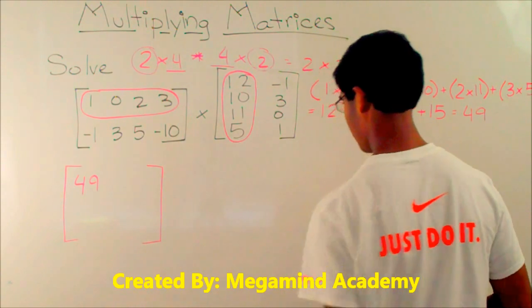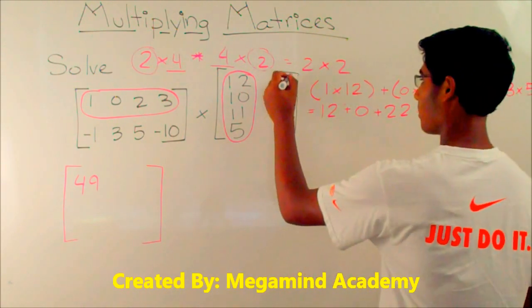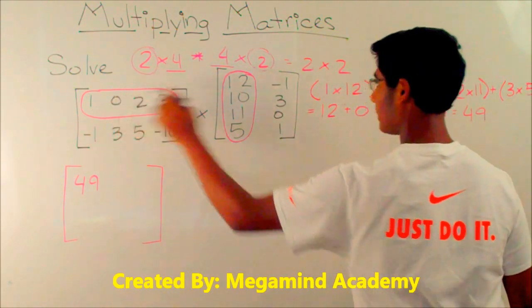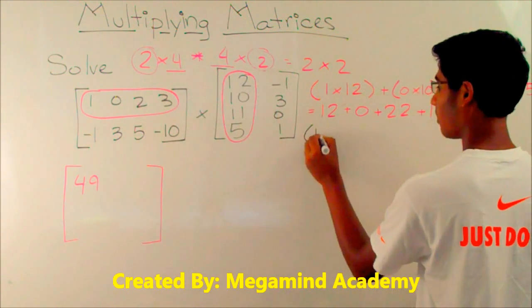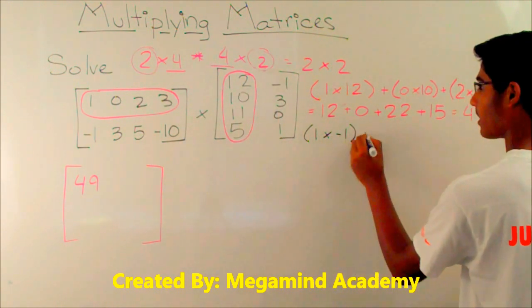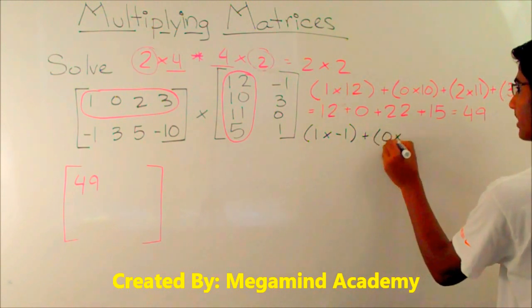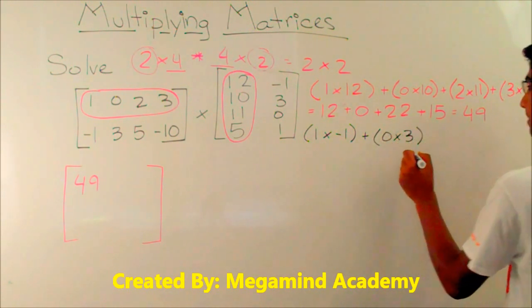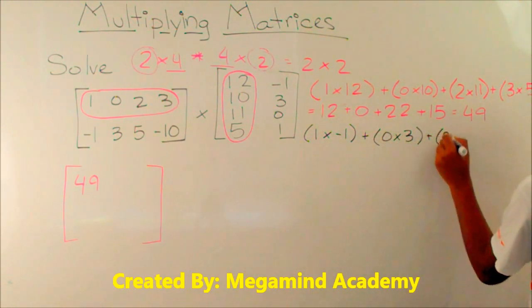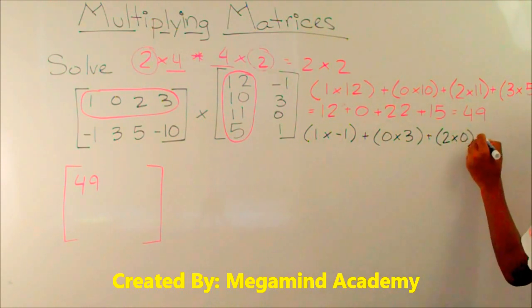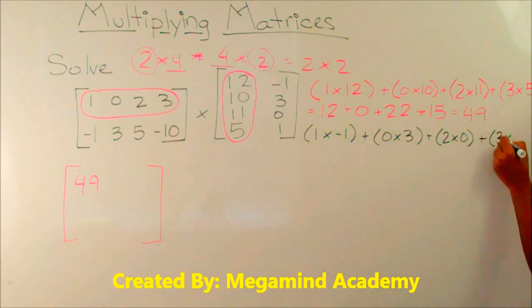Let's do this with a different color. We have 1 times negative 1, plus 0 times 3, plus 2 times 0, plus 3 times 1.